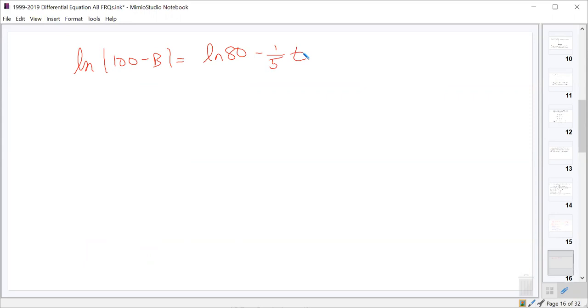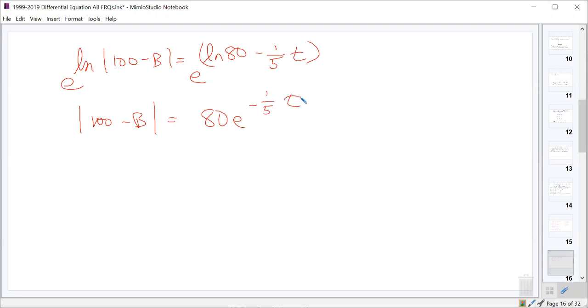How do we get rid of the natural log on the left? Exponentiate. This just becomes absolute value of 100 minus b. That e to the ln 80 minus 1/5 t is the same as e to the ln 80 times e to the negative 1/5 t, if you use exponent rules, and then e to the ln 80 is just 80. So we've got 80 e to the negative 1/5 t.